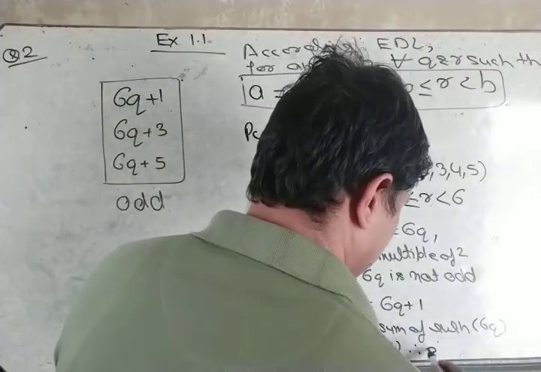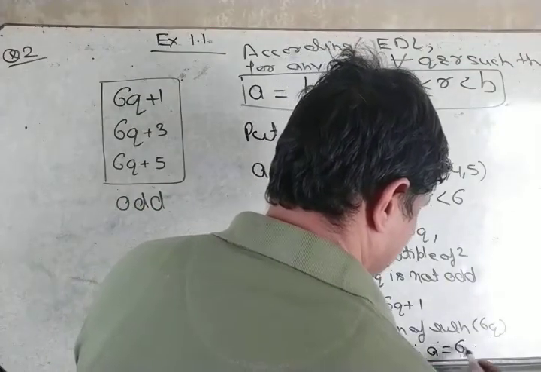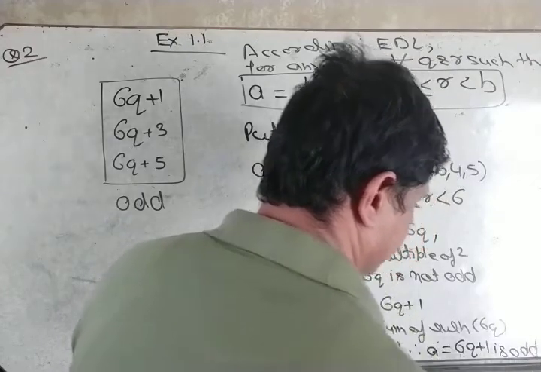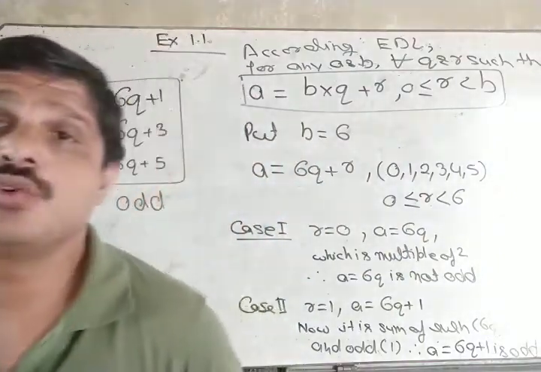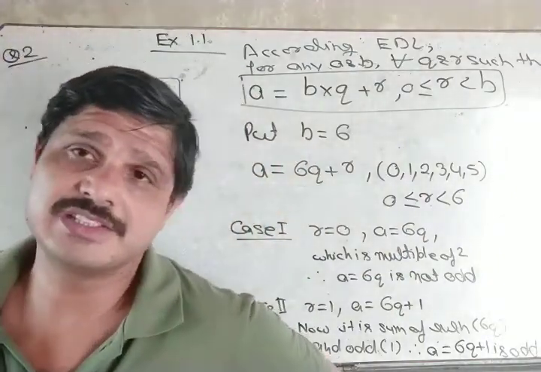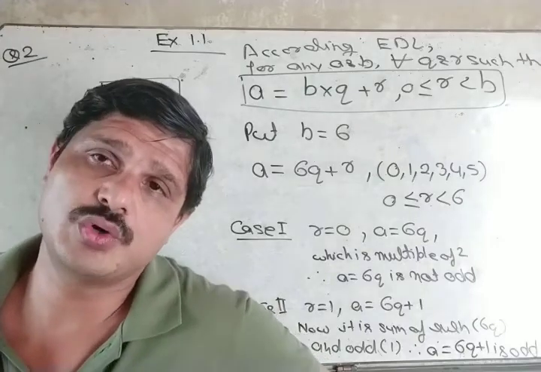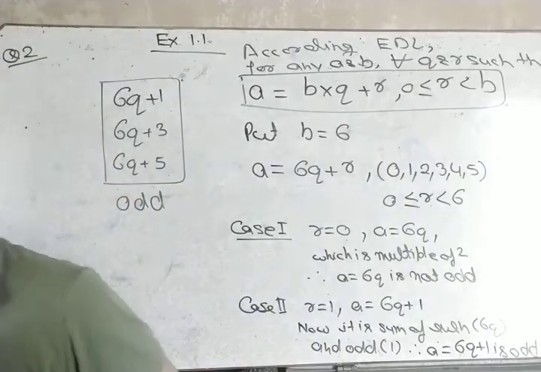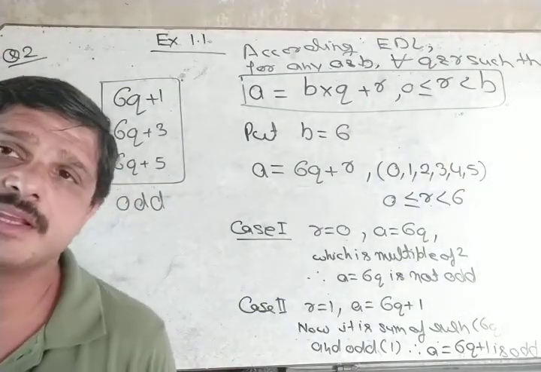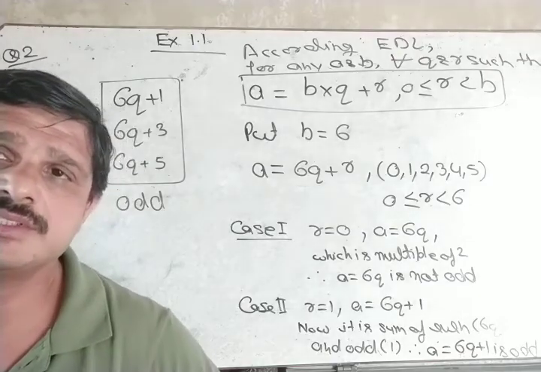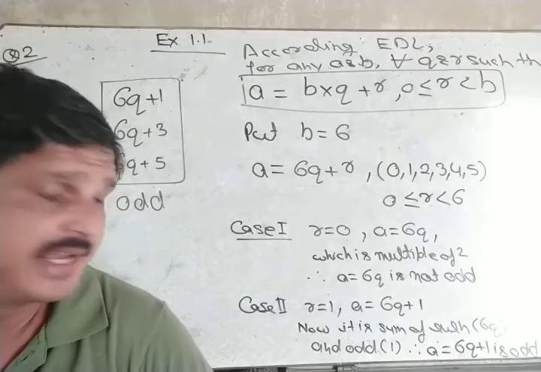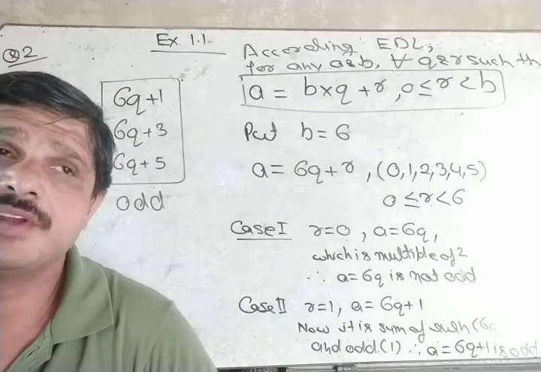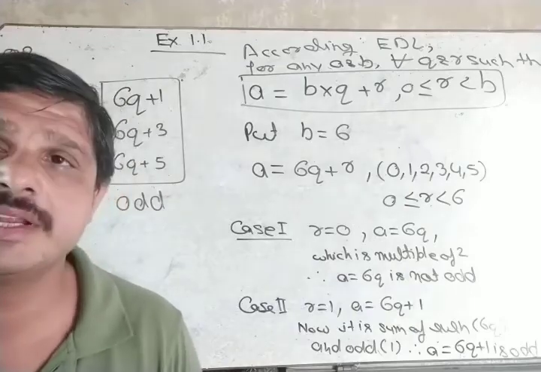Therefore a equal to 6q plus 1 is odd. You have studied this in junior classes, that the sum of even and odd is always odd. So when you consider r as 1, then a becomes 6q plus 1, and 6q is an even number because it is a multiple of 2, and 1 is an odd number. When you add both numbers, you will get an odd number.